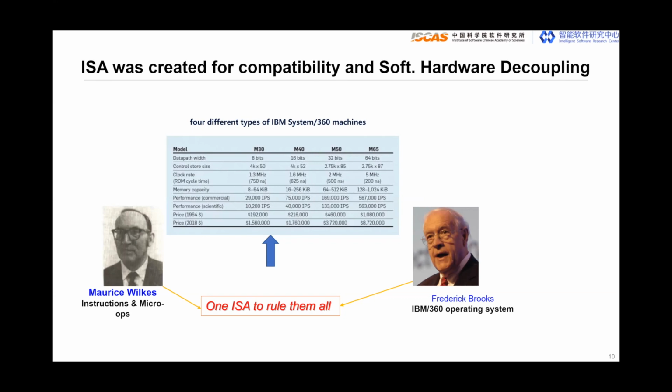So Brooks, also a Turing Award winner, invented ISA at that time, and based on it, Brooks invented the operating system known as IBM 360. So now we can see that ISA is actually to make software compatible across different machines if they use the same ISA, and ISA also decouples software and hardware so they can evolve in parallel and are not coupled together. I think that's the origin of ISA.